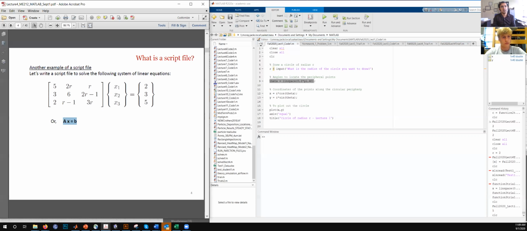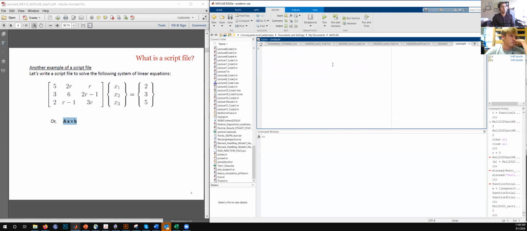So let's start that. We are basically trying to write a script file that's going to solve this system of equations. To write a script file, as I told you in the first lecture, the very first step is clear all, which clears all the variables from MATLAB's memory. Close all, which would close any graphical subwindows that might be open.